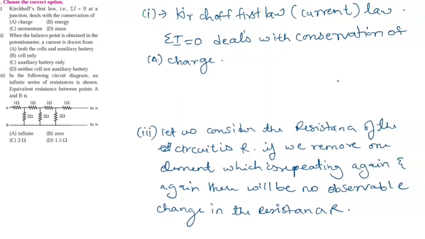Okay, so that is what I have written here. Let us consider the resistance of the circuit is R. I am saying that the equivalent resistance of this complete circuit is R. If we remove one element which is repeating again and again, there will be no observable change in the resistance, because it is a combination of infinite number of resistances.